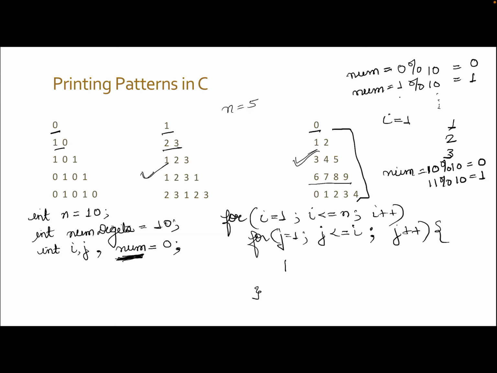So this I can write in general form as printf %d num mod num digits, where this 10 is the number of digits.